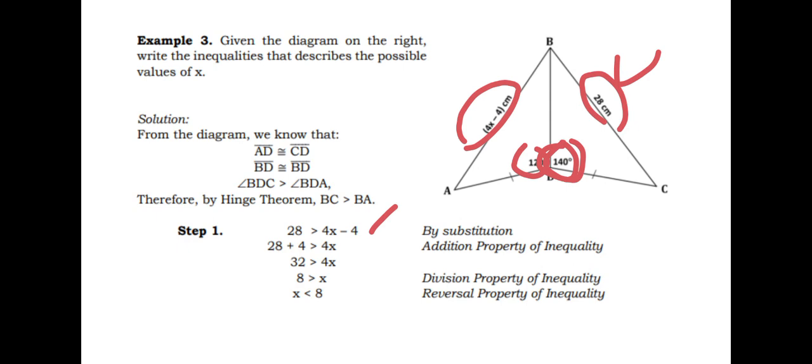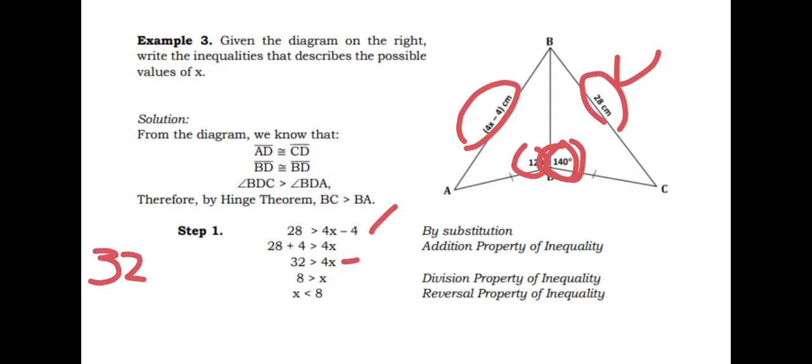Okay? Then, by using the addition property of equality, we're going to transpose negative 4. So it will become positive 4. Okay? So 28 plus 4 equals 32 greater than 4x. Then we have to divide both sides by 4.